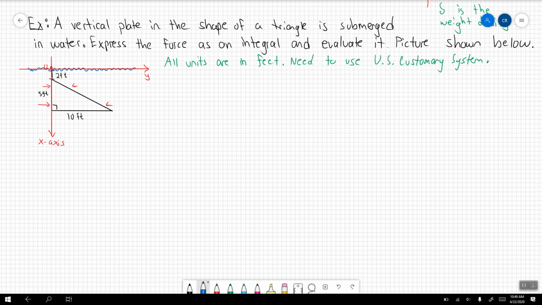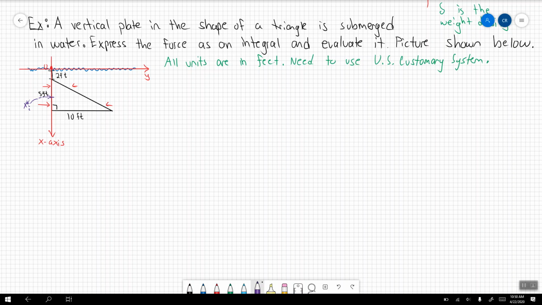Now, the process I want to do is create some random sample point, and that's exactly what I'm going to do. Let's say it's this sample point. It's a little bit convoluted in there, so I'm going to extract it over here. This is going to be my sample point x sub i star.